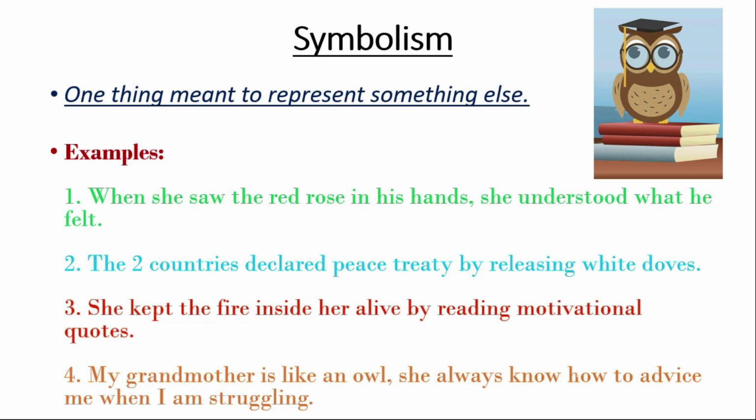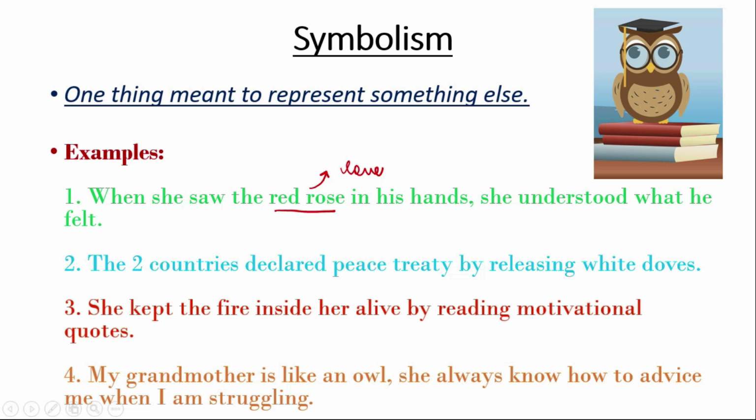The first one: when she saw the red rose in his hands, she understood what he felt. How did she understand what he felt? Because here, the red rose symbolizes love. Isn't it? So this is symbolism.